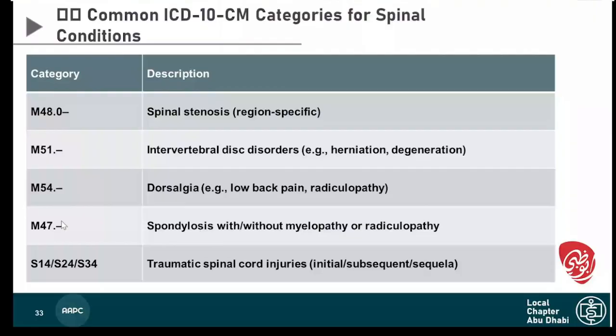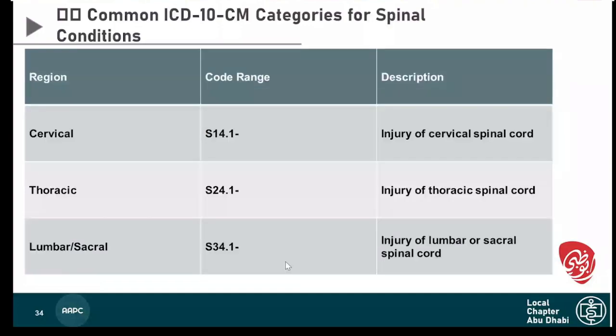S series is mainly for traumatic injuries or current injury. S series, traumatic spinal cord injuries. Cervical region code range S14, injury of cervical spinal cord, thoracic S24, lumbosacral S34.